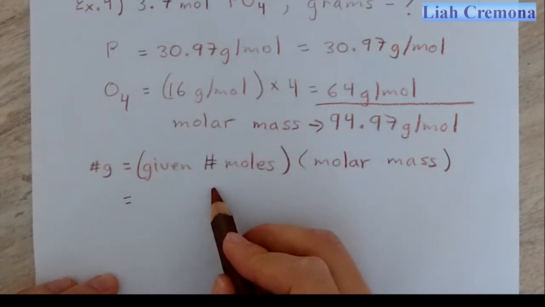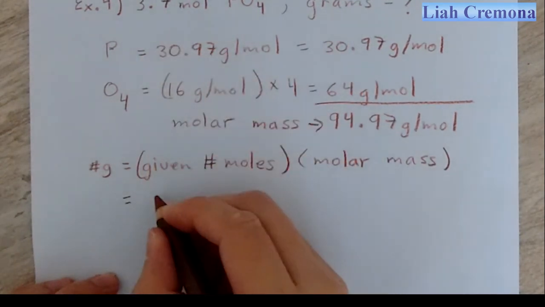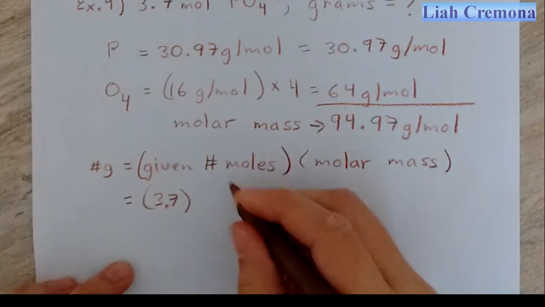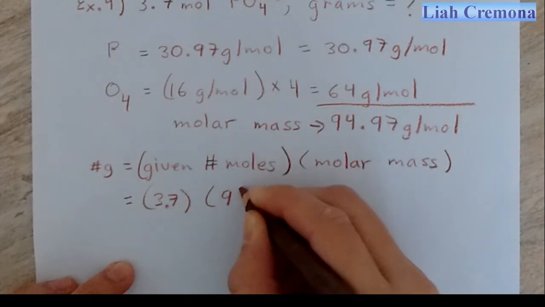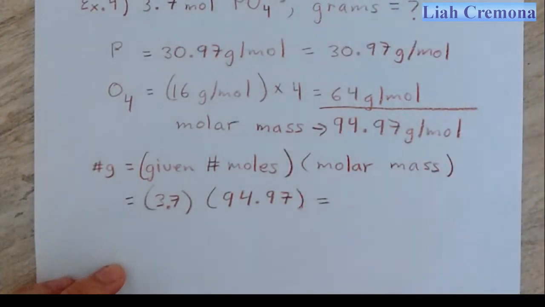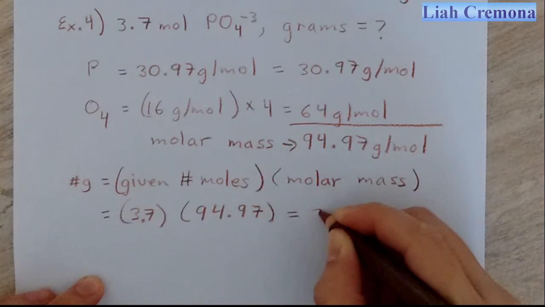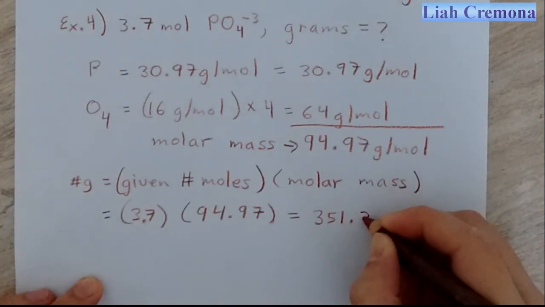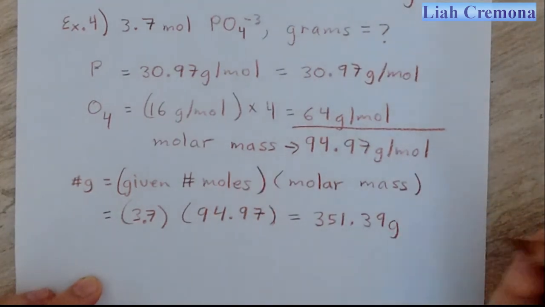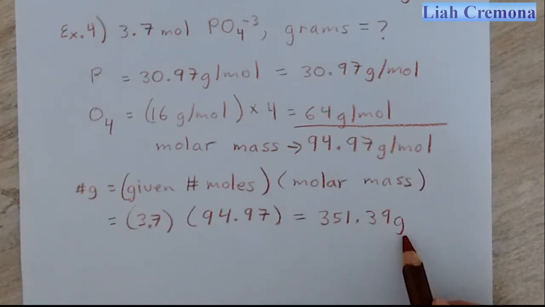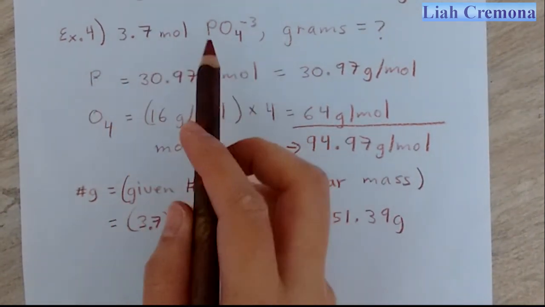The given number of moles was 3.7, and that is multiplied by the molar mass of 94.97. This gives 351.39 grams. So there are 351.39 grams in 3.7 moles of phosphate.